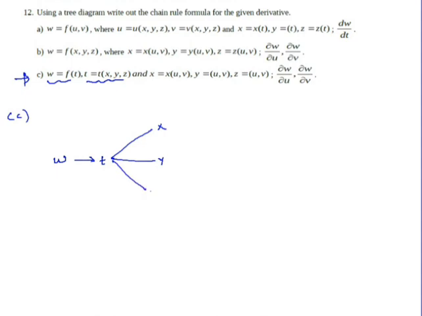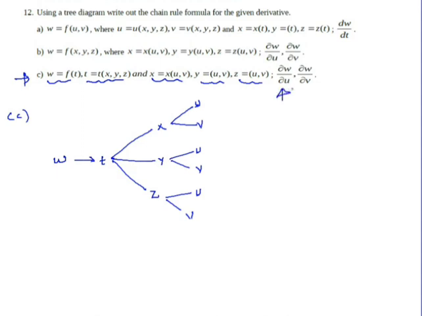Okay, and all of x, y, and z are functions of two variables: x is a function of u and v, y is a function of u and v, z is a function of u and v. Okay, this is the required tree diagram first of all.